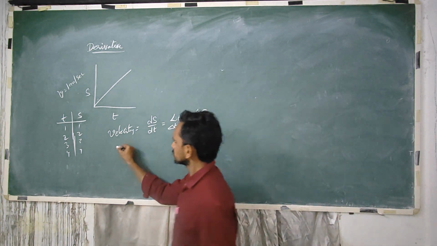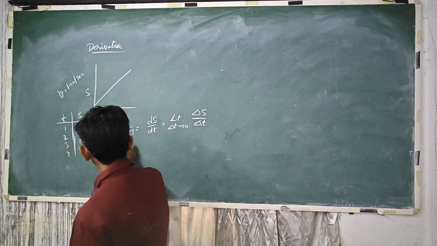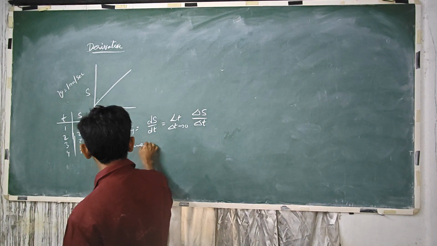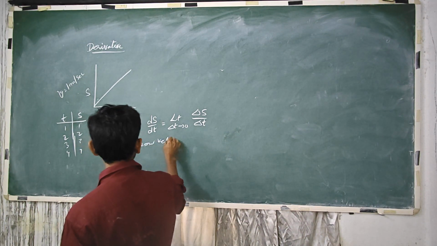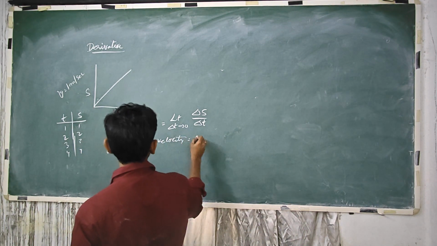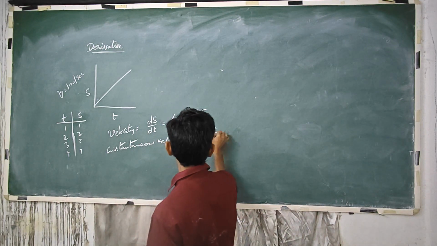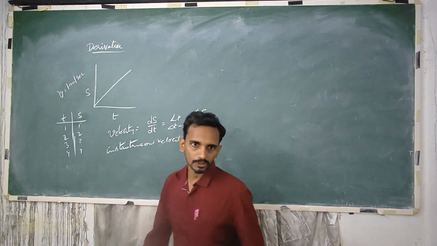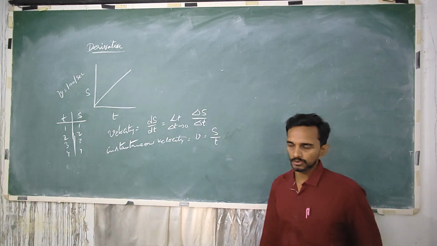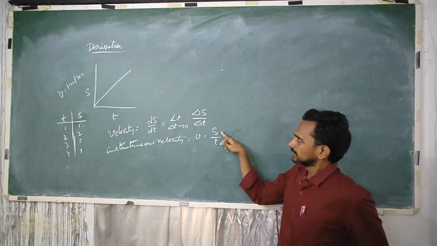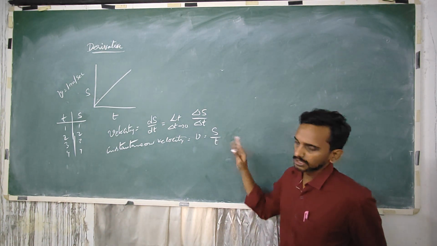Another is instantaneous velocity. What is instantaneous velocity? At a particular point of time, just grab the information about position and time.